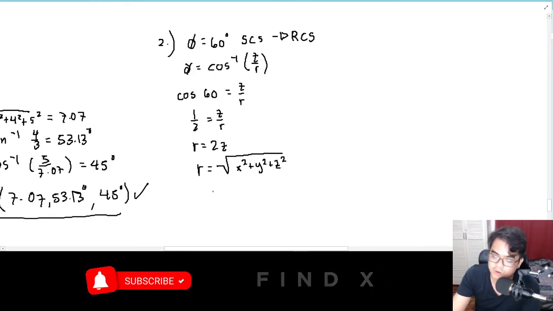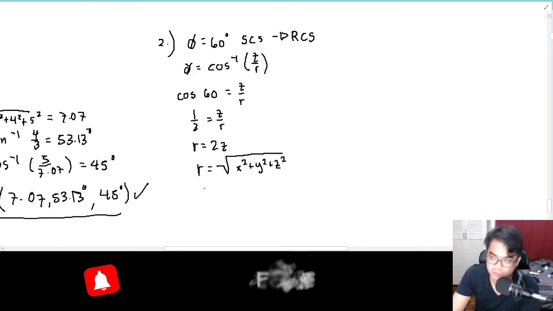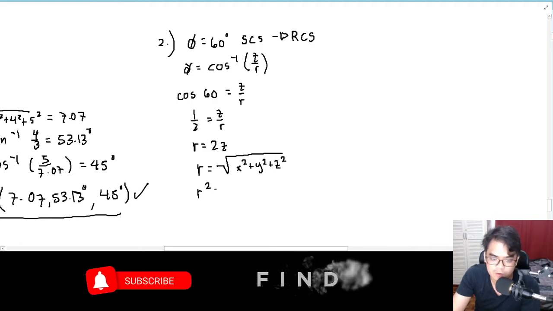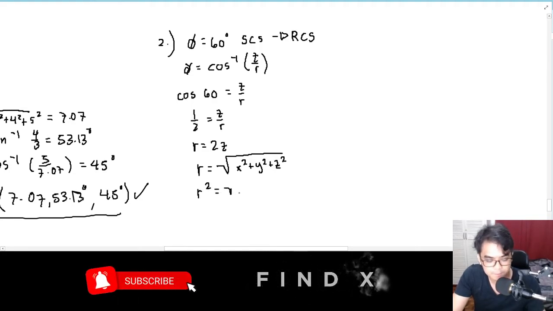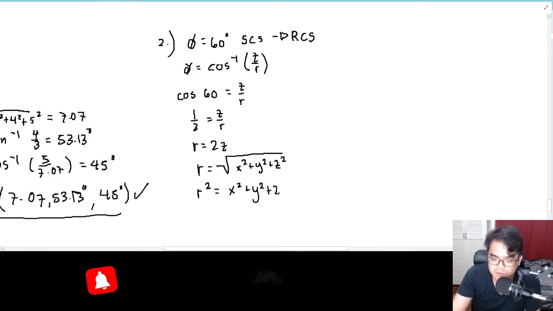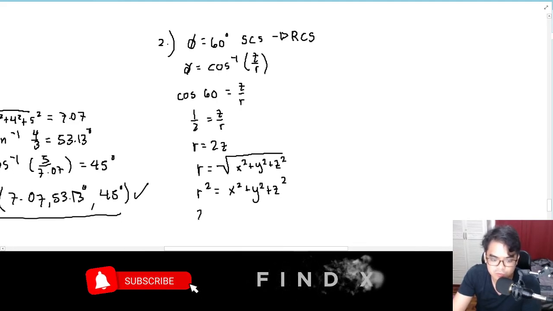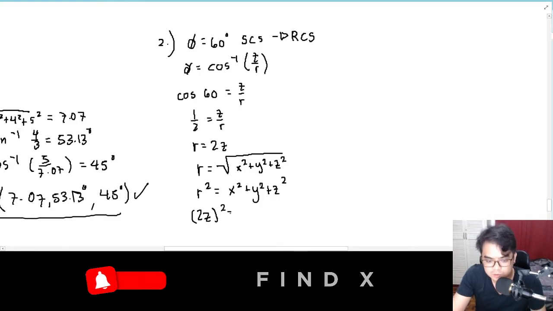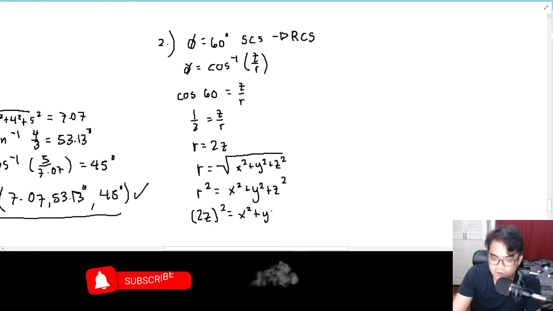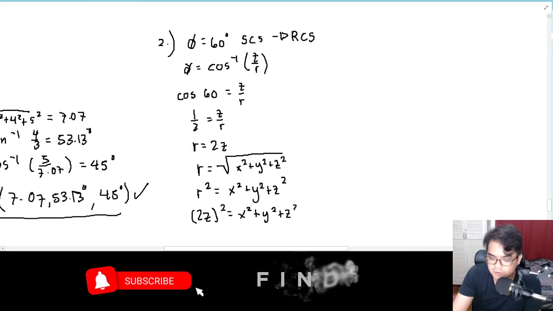If you square both sides, r squared is equal to x squared plus y squared plus z squared.